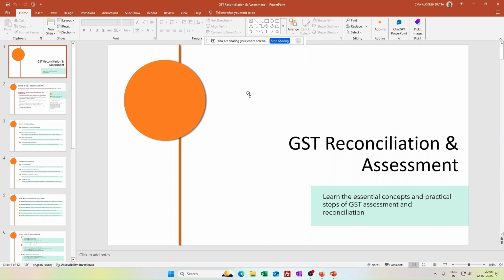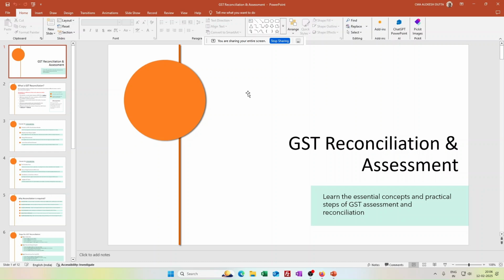But each and every assessee must reconcile the return which they have submitted in the GST portal with the books of accounts, and if there are any anomalies, file the annual return after correcting the data.